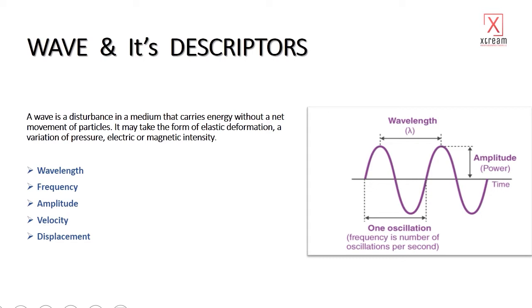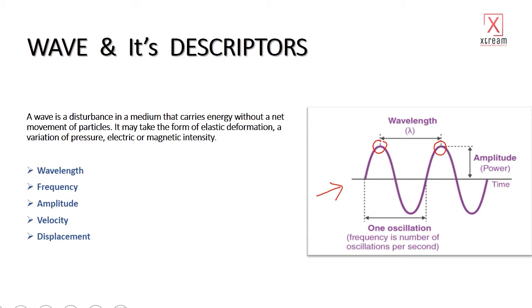A wavelength is the distance between two successive identical parts of the wave. What does it mean? Let's suppose we have this wave, as you can see. Here we have one and here we have two identical points.